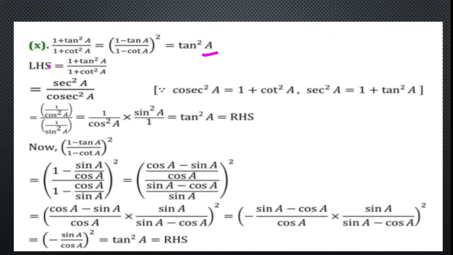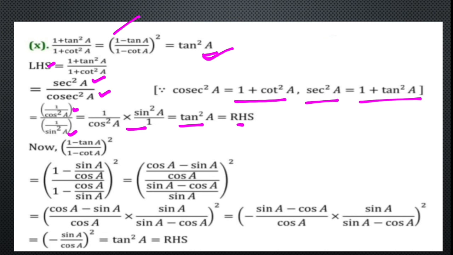So start with the first part, 1 plus tan square a by 1 plus cot square a. 1 plus tan square a, by using the second identity, becomes sec square a, and 1 plus cot square a is cosec square a. Now sec square a is 1 by cos square a and cosec square a is 1 by sin square a. If you do the reciprocal, it will become tan square a, which is equal to the third part.